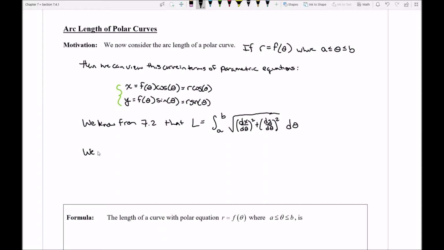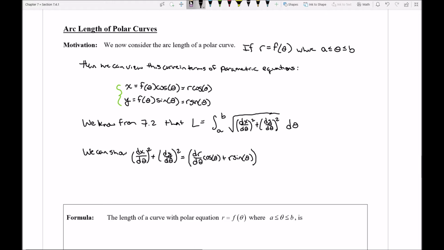So I'll say here that it's actually possible to demonstrate that if I take dx d theta and square it, and my dy d theta and square that and add them together, that is, what's going to be underneath this radical, I'm going to end up with the following. The derivative of my x would be my dr d theta, notice this is where I'm using this r notation, times the cosine of theta, and then I would reverse this with an r and a sine of theta.